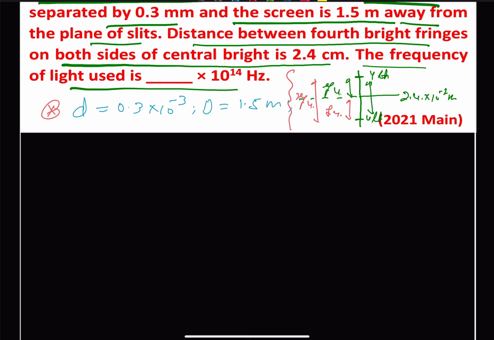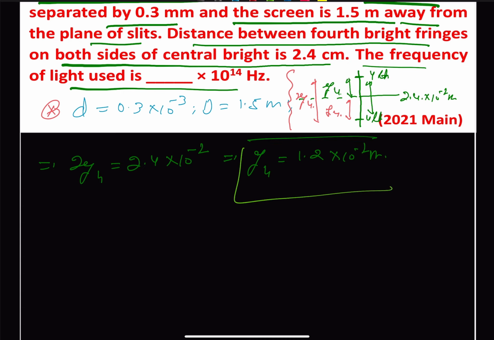So from here we can write that our 2y of 4 is equal to 2.4 into 10 to the power minus 2. This gives us that y of 4 will be equal to 1.2 into 10 to the power minus 2 meters. So this is the distance of the fourth bright fringe on the one side, that is the top side or bottom side.